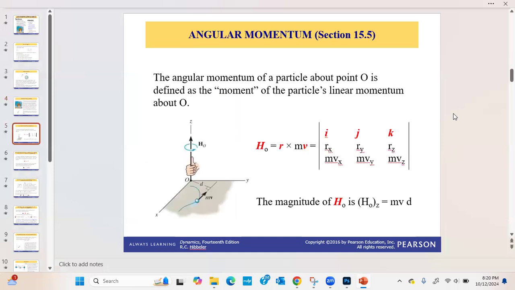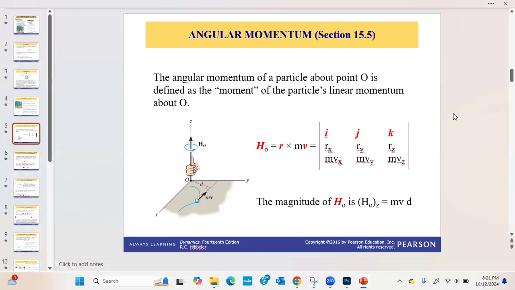So when looking at angular momentum, just as a reminder, a moment is force times the perpendicular distance from the point about which we're taking the moment to the line of action of that force. We often called it D. So moment was force times distance, and that was very particular, the perpendicular distance.